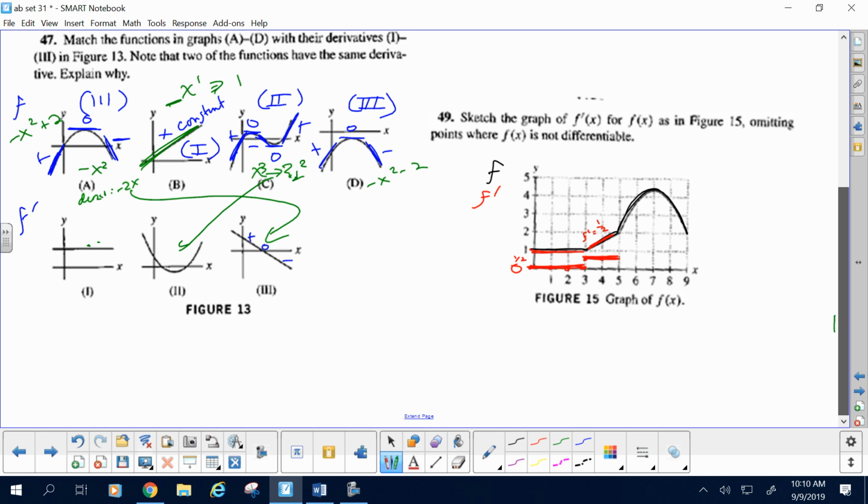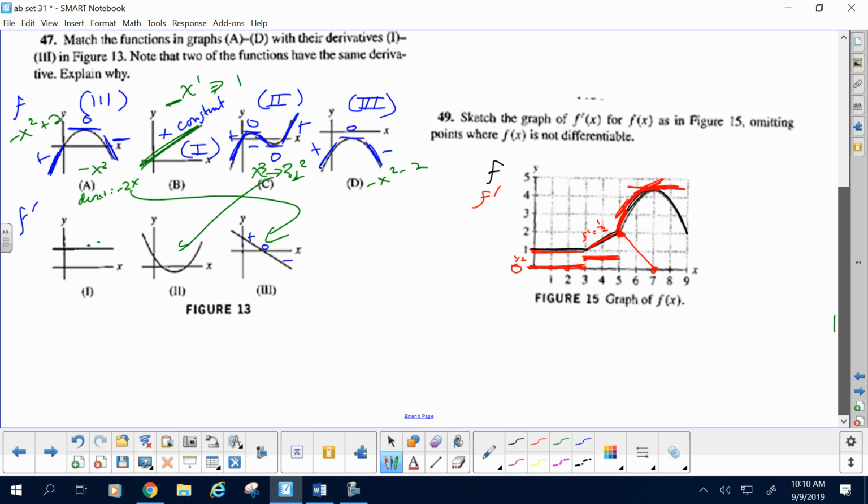It'll be something different. At 5, what ballpark? What does that slope look like about? Just estimate. 2. Okay, so at 5, I'm going to record a slope of 2. What about at 7? What's the slope? 0. Between 5 and 7, what were the slopes then? Did they go straight from 2 to 0 with nothing in between, or did it get gradually less, gradually less, gradually less, gradually less?